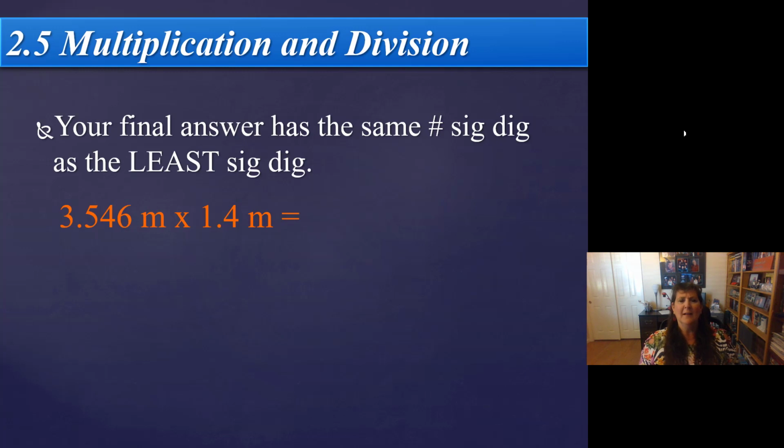That's even more. How can I get more significant figures just by multiplying? Well, I can't. So we have to be as accurate as the problem. And the problem is 1.4 is the least accurate number in the problem, 2 sig figs.